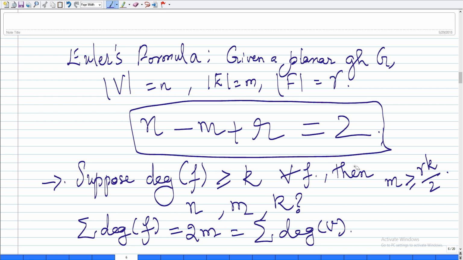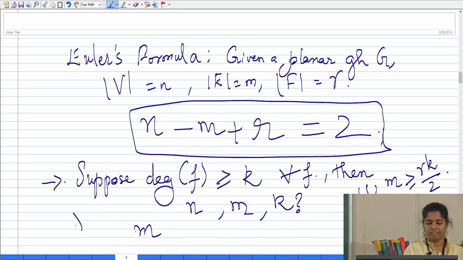If you substitute it here, because I know the number of vertices and the number of edges from the given graph, though I do not know whether the graph is planar or not till now. Suppose it is planar and the degree of f is greater than or equal to k, then we are talking about what the condition should be. So this is a trivial lower bound that we could get. Then I will talk about an upper bound.